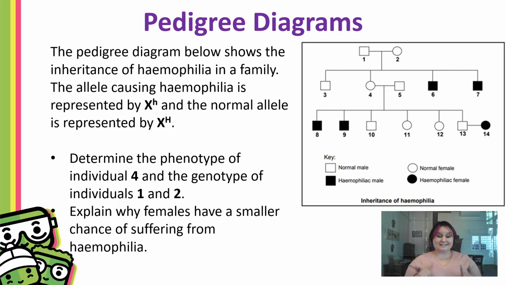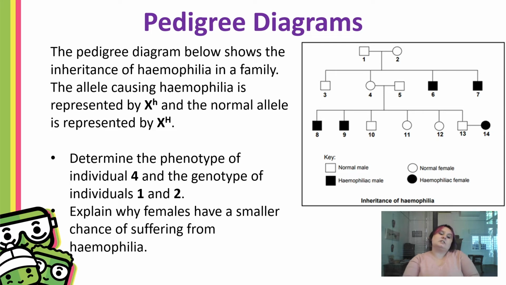So what this is telling us is that hemophilia is a sex-linked disorder, meaning it is related to whether the individual is biologically a male or biologically a female. Reminder, I'm talking now about biological sex based on your genetics. I am not talking about gender, which is a social construct.